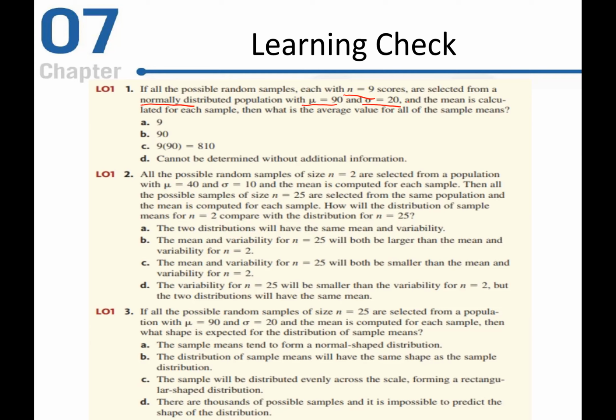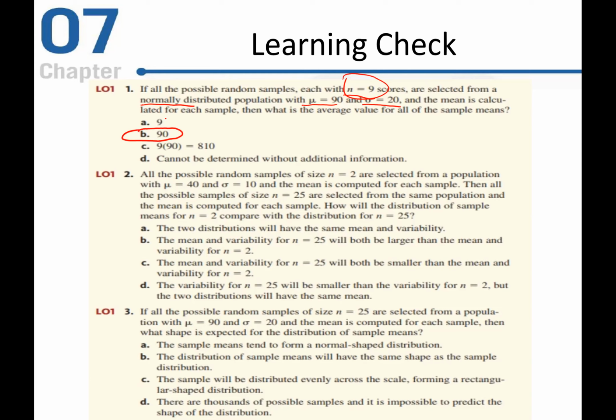Well, the average value for all the sample means of a certain sample size, in this case 9, is going to be equivalent to the population mean that it came from. So the population mean is 90, and the answer is 90.